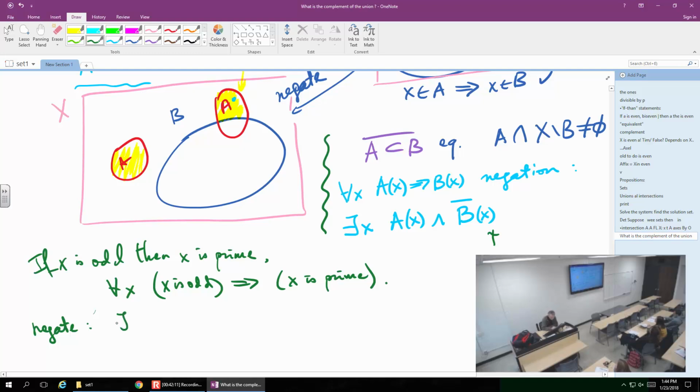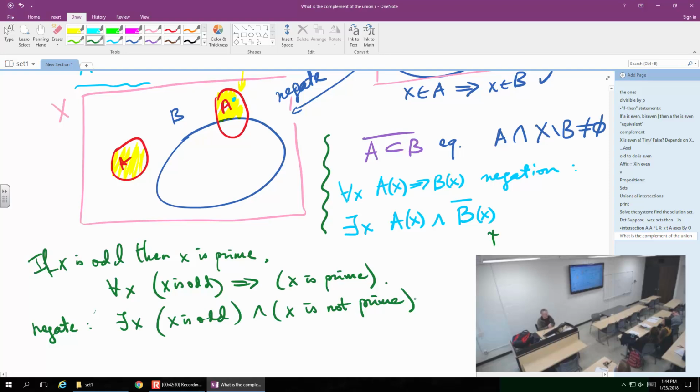There exists an x such that what? And not prime, that's right. x is odd and x is not prime, or it is composite.